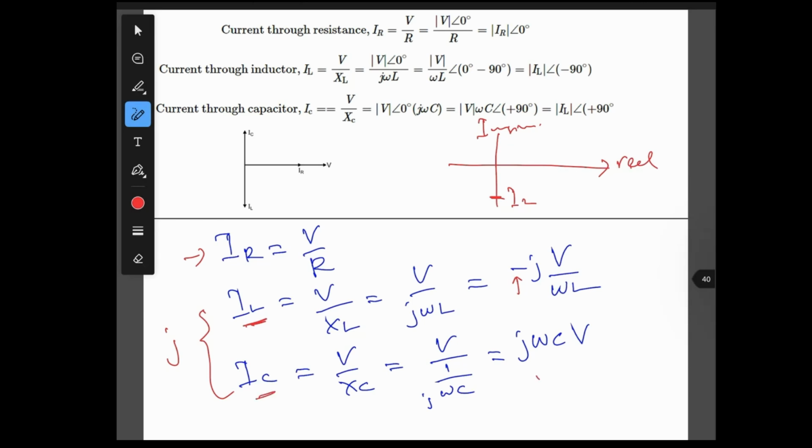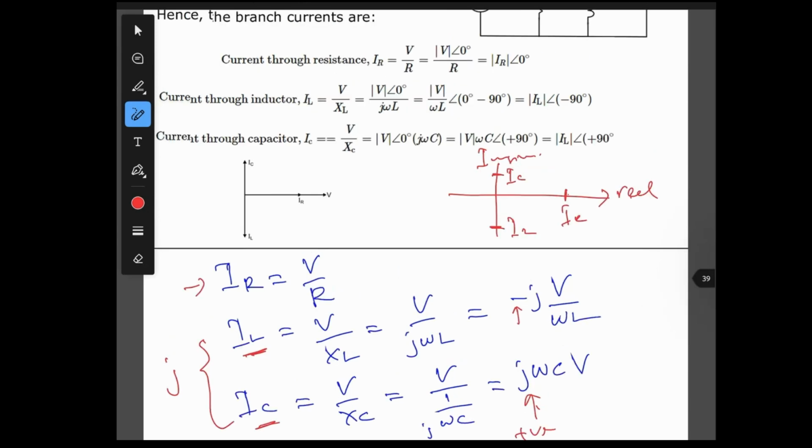For IC, it is a positive value, so IC is on the top. IR is on the real axis. Any question on plotting this? I can repeat if you have questions about plotting the real and imaginary axis.